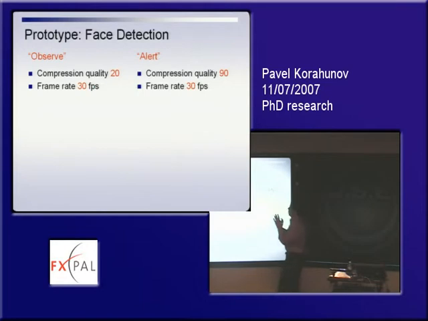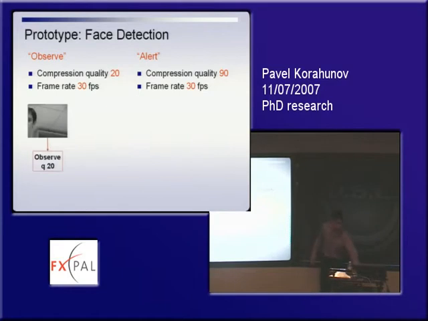How does the prototype work? For example, I'll show a face detection example. It has, you can say, 2 modes. One is observe mode, when there is nothing happening in the system, so the guard doesn't need to be alerted. And we take compression quality 20. We don't change frame rate, just to be consistent, just to check compression quality. So it stays in compressed mode.